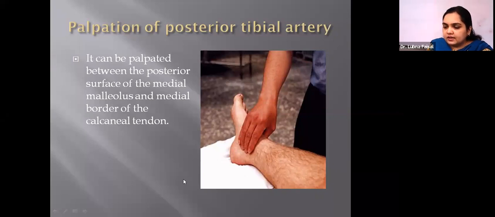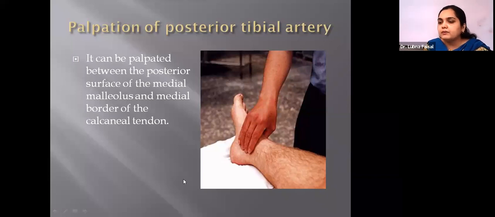Very good. And the point where it gives these terminal branches is near the ankle joint, where it passes deep to the flexor retinaculum. Very good. These are the terminal branches, the medial and lateral plantar nerves.